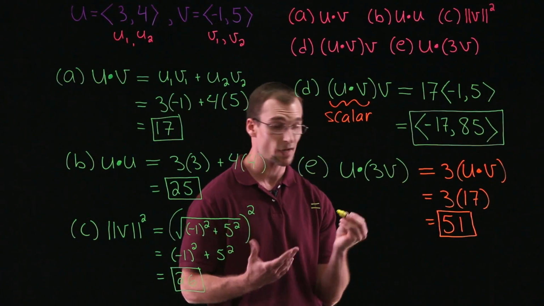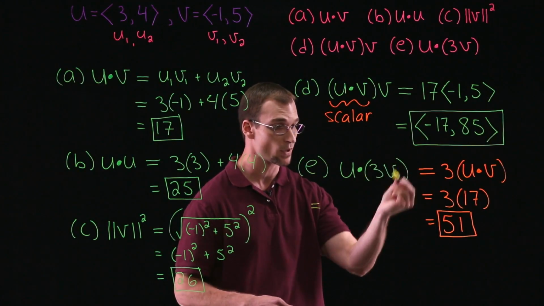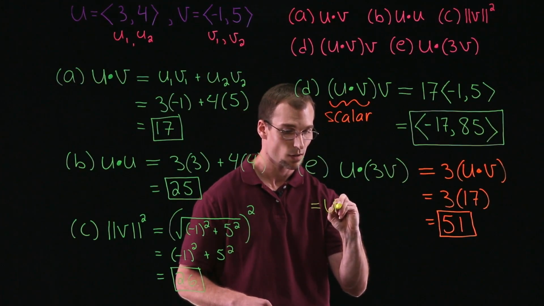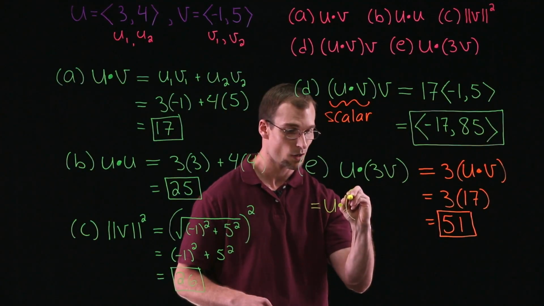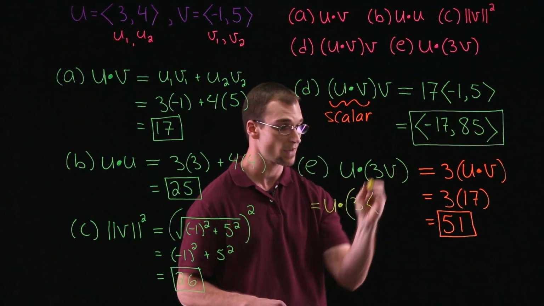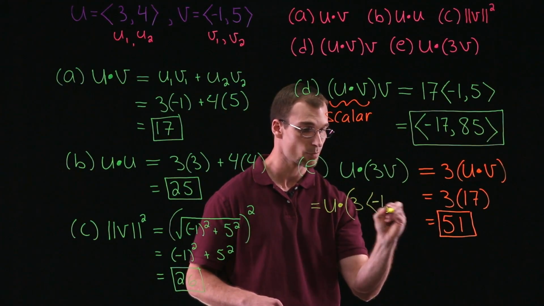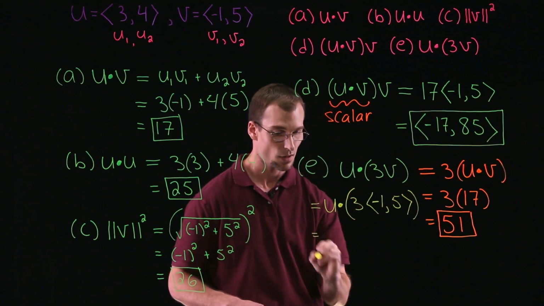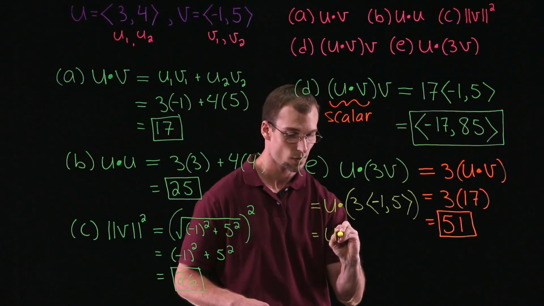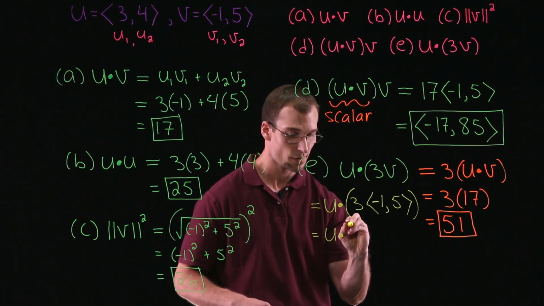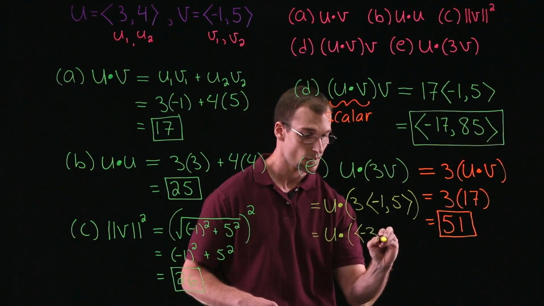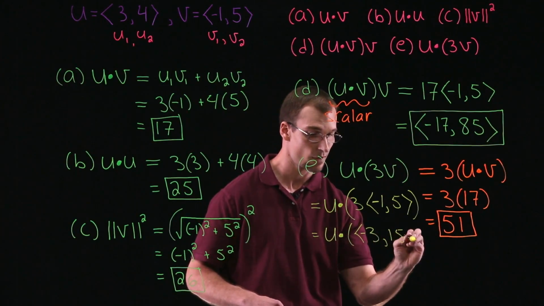Following the order of operations, I'll do everything inside the parentheses first. So I take u dotted with 3 times the vector v, which has components -1 and 5. That's equal to u dotted with our vector 3 times our components, -3 and 15.